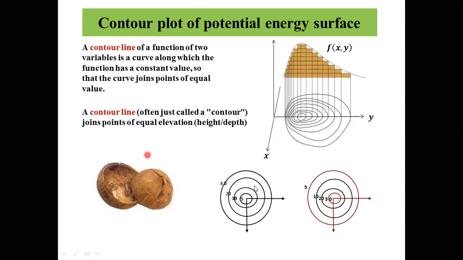Now if I remove these coconut shells, and show you only these two contours, and ask you which one is facing upward and which one is facing downward, you can easily point out that this height is higher with the largest radius, so this is going to be facing upwards, and this has the largest radius with the lowest height, so it is definitely going to be facing downwards.